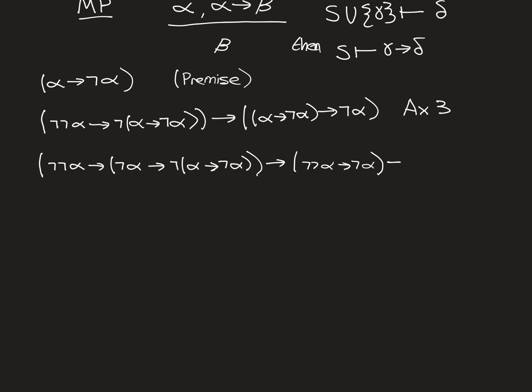And then we need to finish this, so this implies, and then it's this one implies this one. So not alpha implies not alpha implies not alpha. And that's Axiom 2 there.